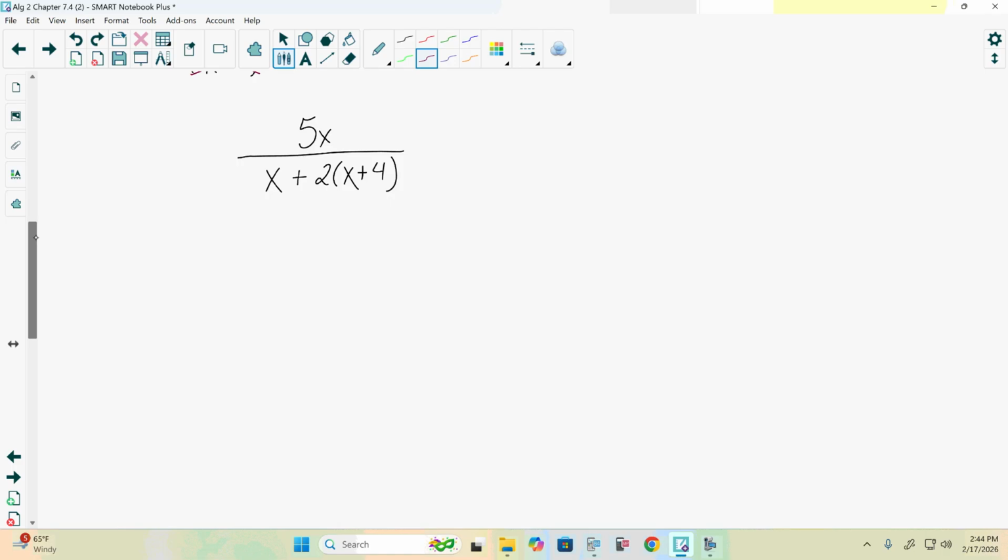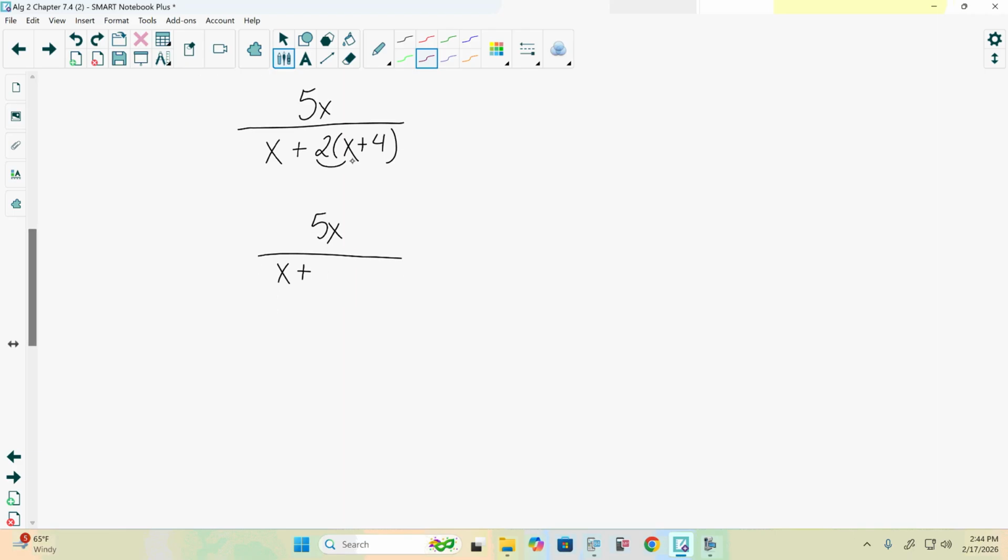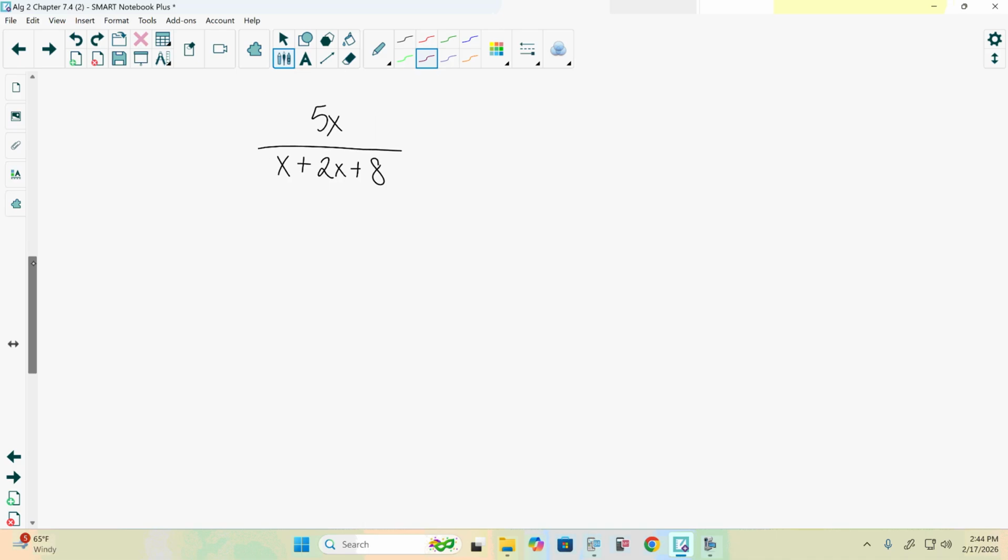But the denominator, that x plus 2 times x plus 4, there's a good chance we might have some like terms. 2 times x is 2x. 2 times 4 is 8. And lastly, x plus 2x is, and this is the same thing we got last time.